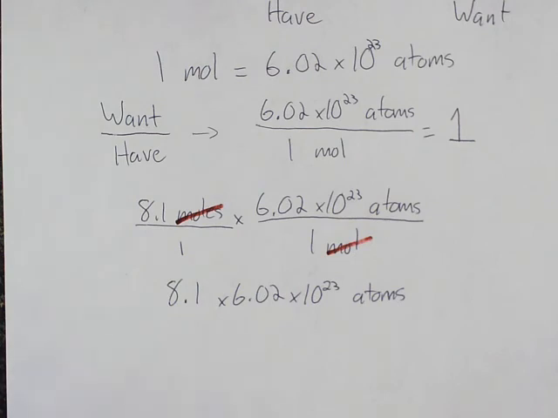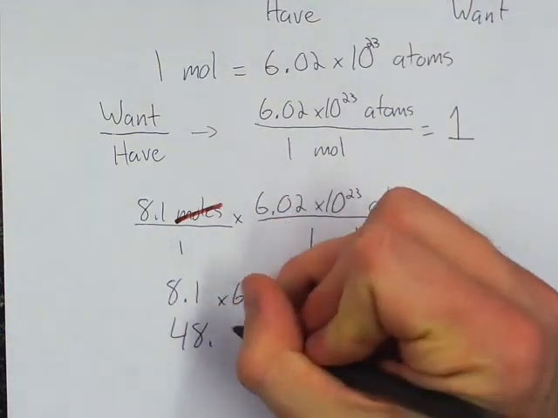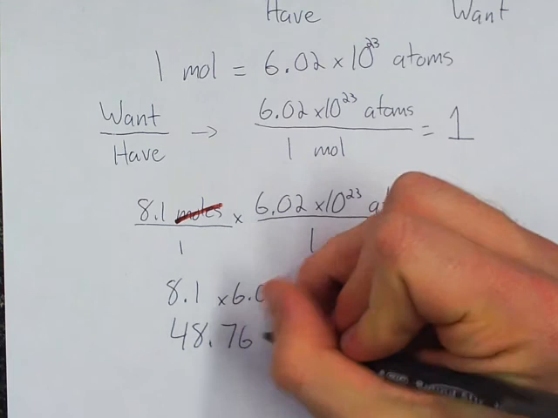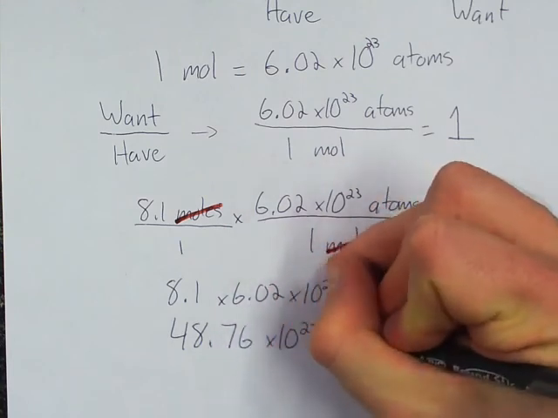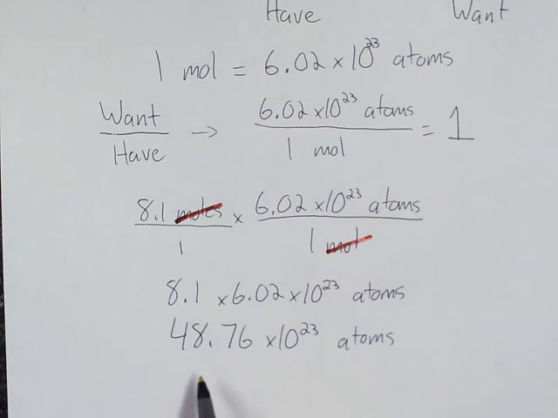So if we get out our calculators and we do 8.1 times 6.02, we end up with 48.76 times 10 to the 23 atoms. This is the correct value for how many atoms we have, but it is not in correct scientific notation.